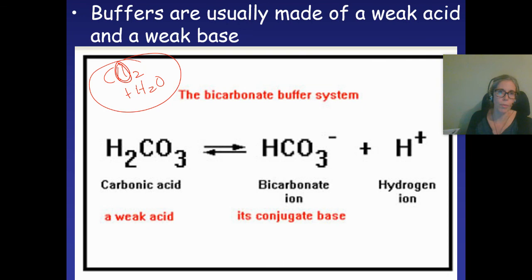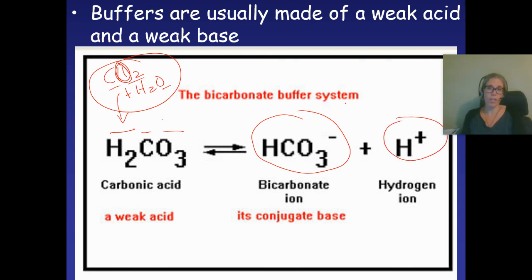So these are going to combine: H2, C, and then O2 plus O is O3. So carbon dioxide from cellular respiration and water come together and make carbonic acid, which can break up into the bicarbonate ion and hydrogen ion.